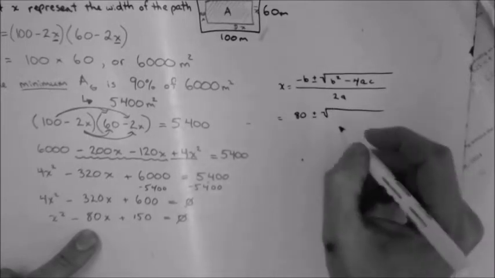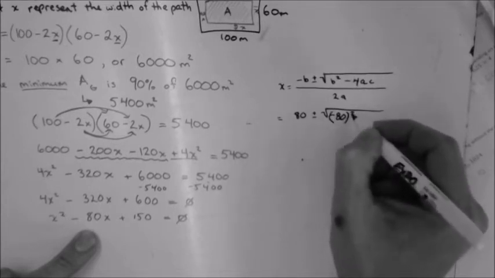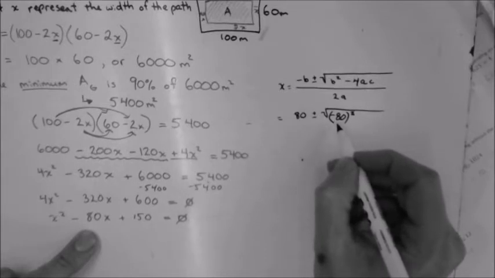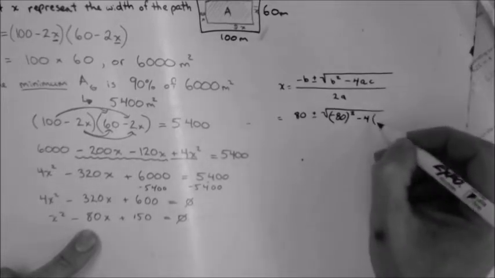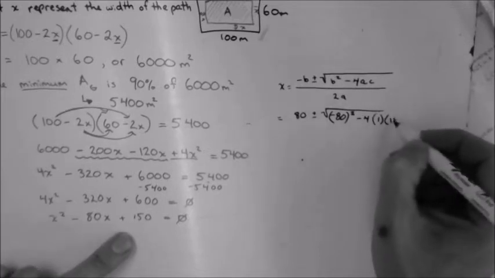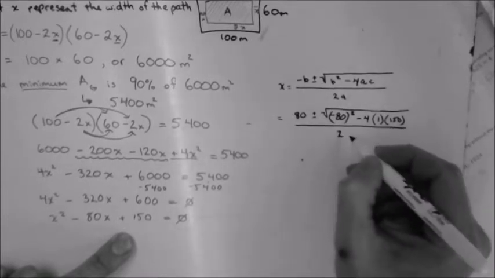Plus or minus square root of negative 80 squared. Notice I put that negative 80 in brackets because I want to make sure I remember to square the negative sign with the 80. This is going to end up being a positive number. Minus 4 times 1, which is A, times C, which is 150, over 2A.